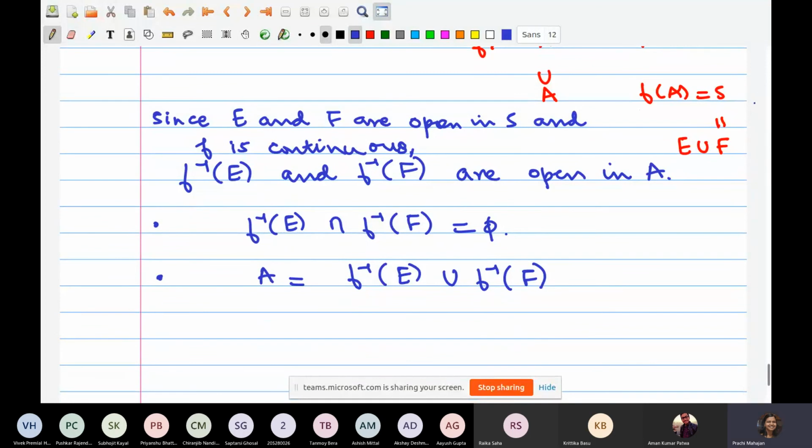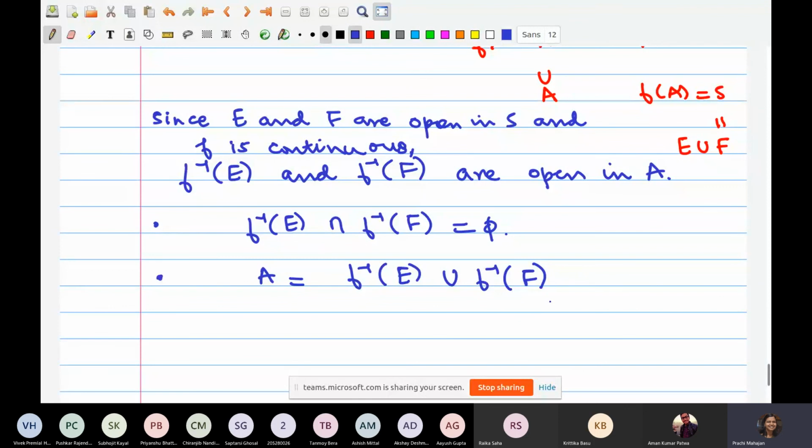Again, this follows from the fact that f of A is the union of E and F. You start with a point in A, its image belongs to the set S. So the image is either in the set E or in the set F, which means that if you pull them back, it is going to be in either f inverse of E or f inverse of F.